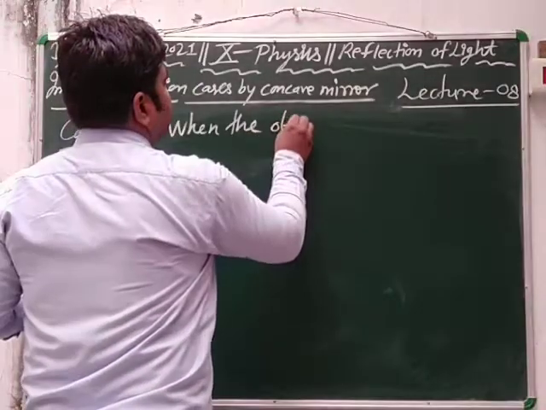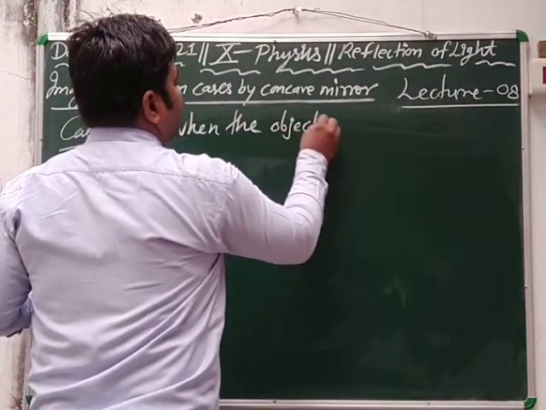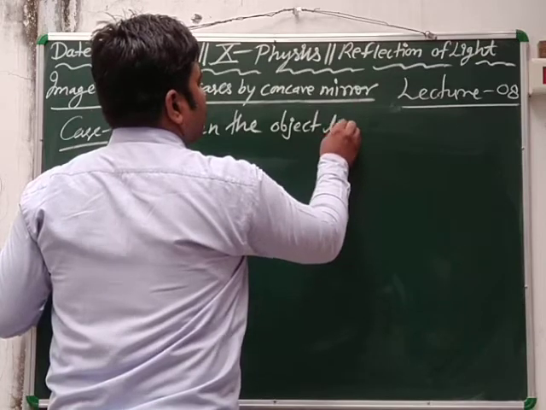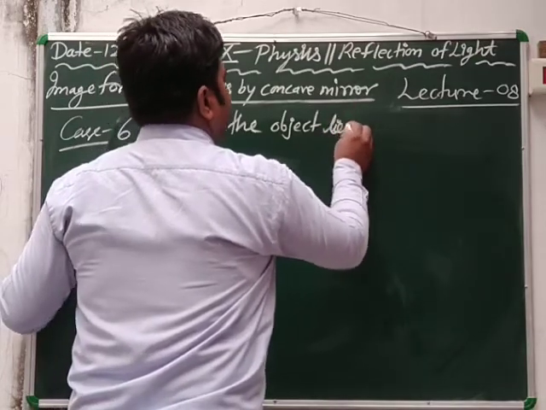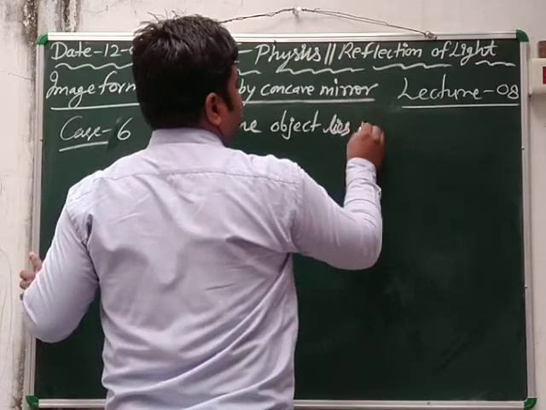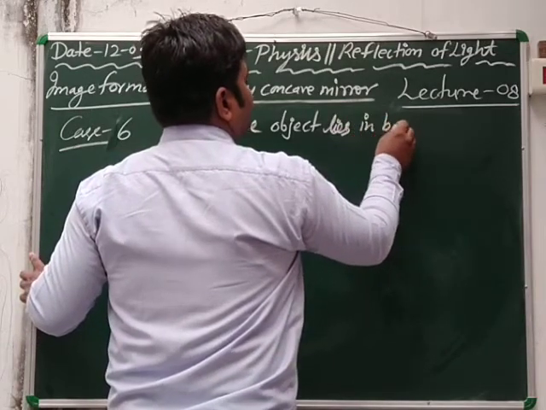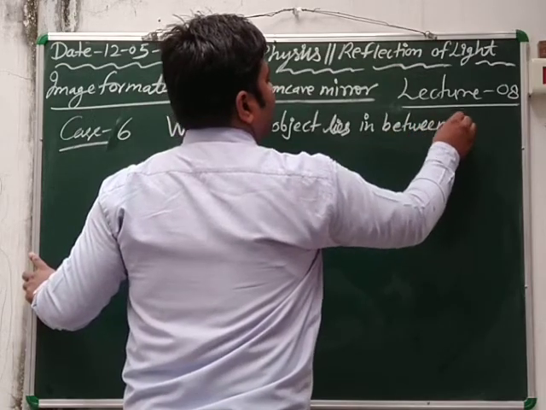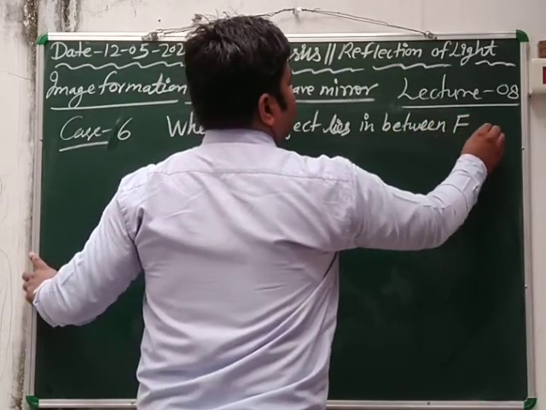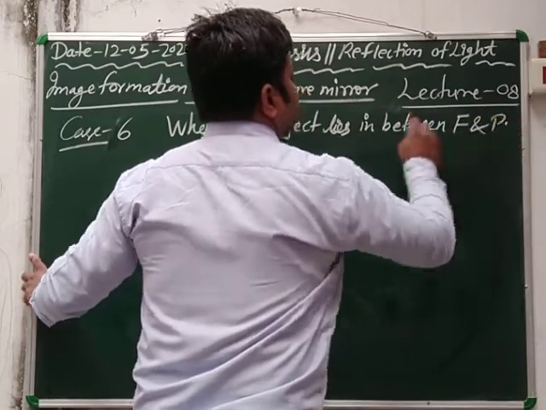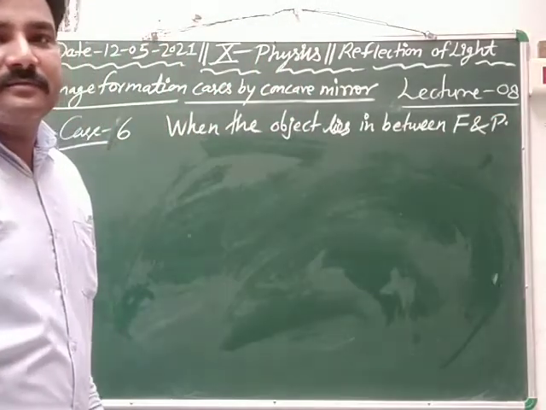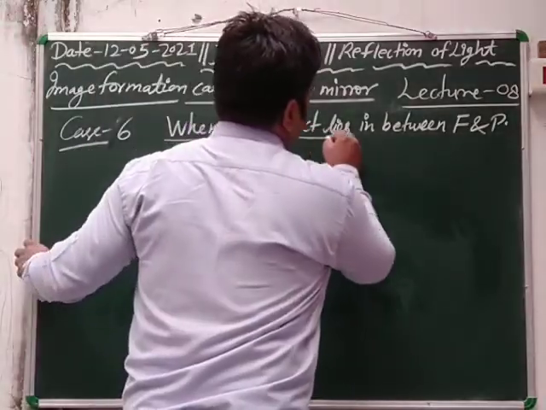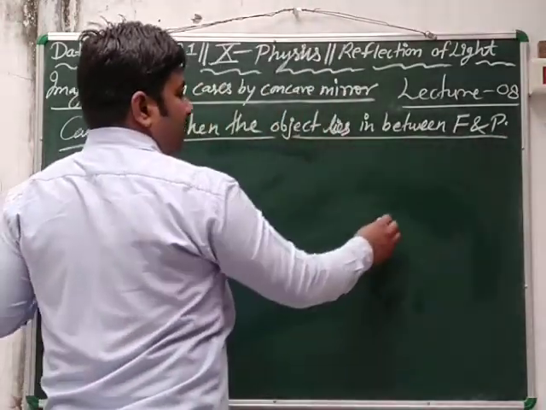When the object lies in between F and P. F means focus and P means pole. Let's see what will be the image formation ray diagram.